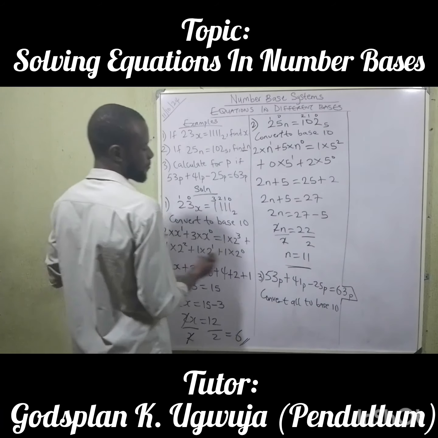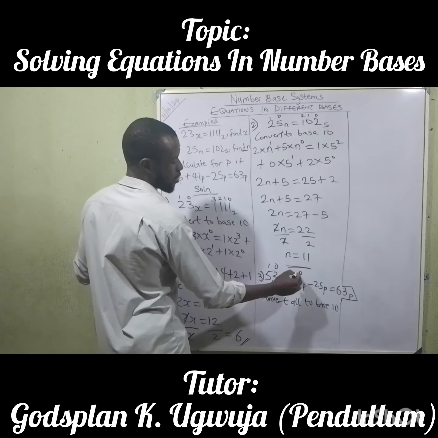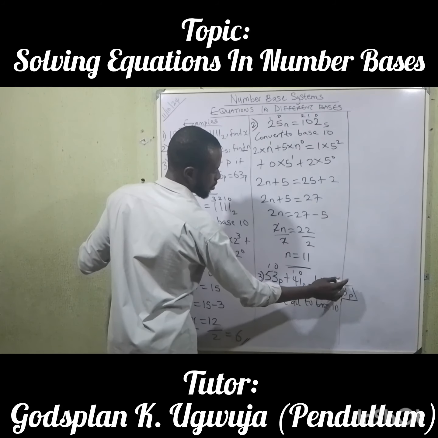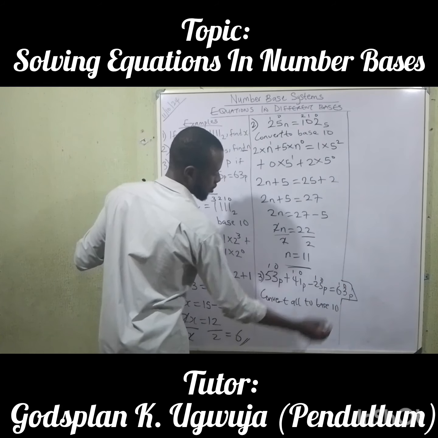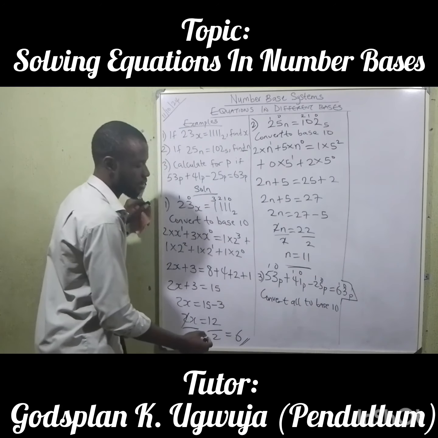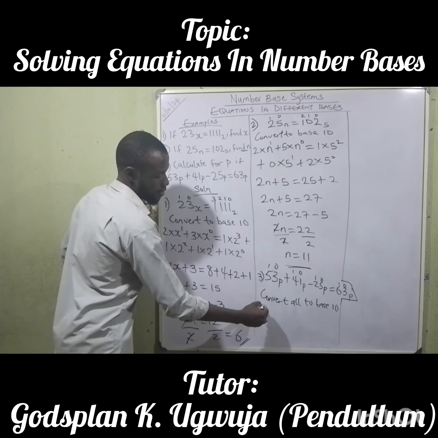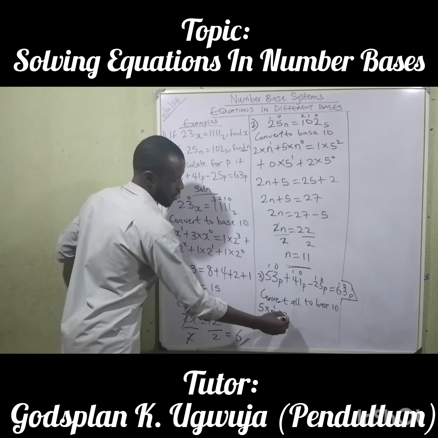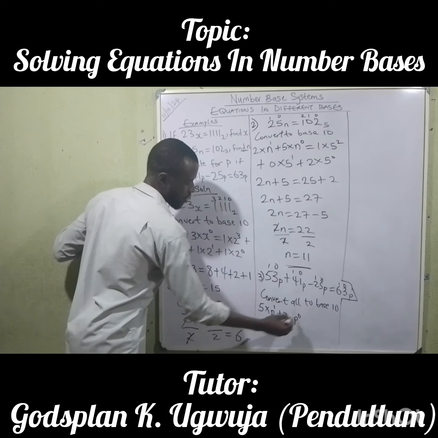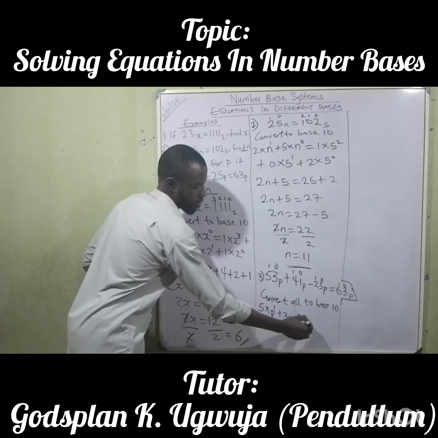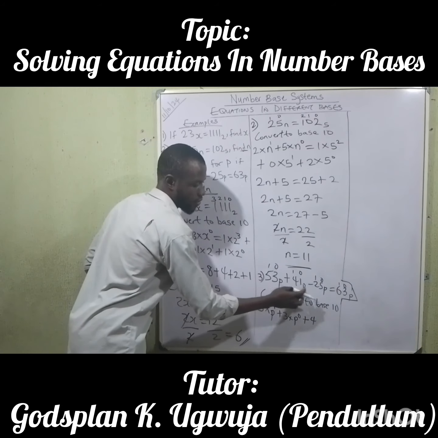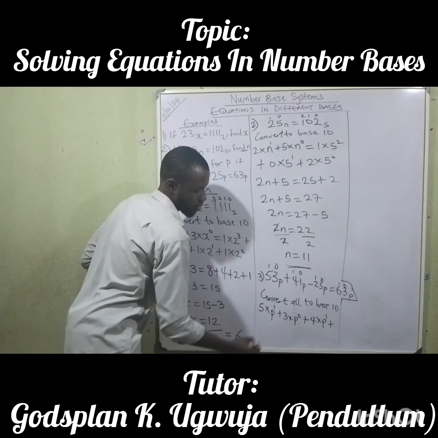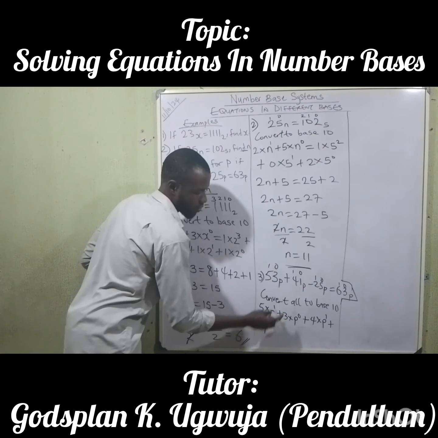We do that. 0, 1, 0, 1, 0, 1, 0, 1. Okay, so that means this will give me 5 times p raised to the power 1 plus 3 times p raised to the power 0 plus 4 times p raised to the power 1 plus 1 times p raised to the power 0.